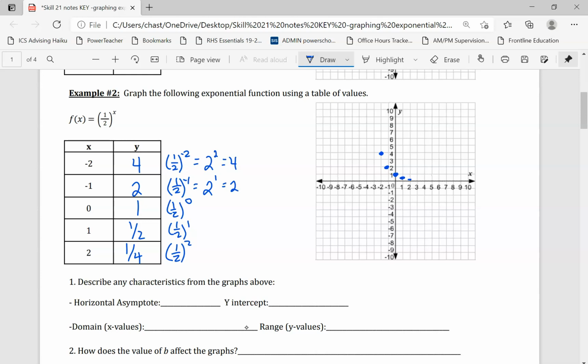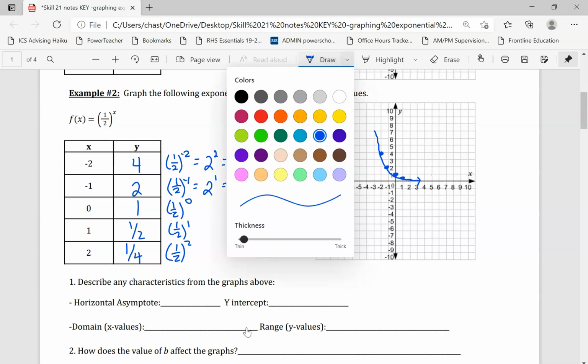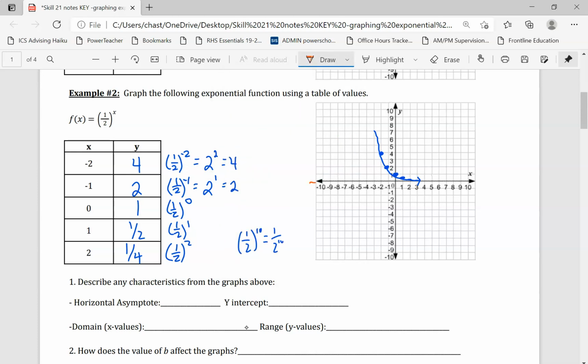So what we noticed here is we were decreasing pretty quickly until we start to level off. Now, as I plug in larger and larger values for x, if I have like 1/2 to the 10th, that's the same as 1 over 2 to the 10th, which is going to be a really small fraction. So once again, we're going to get an asymptote at 0.